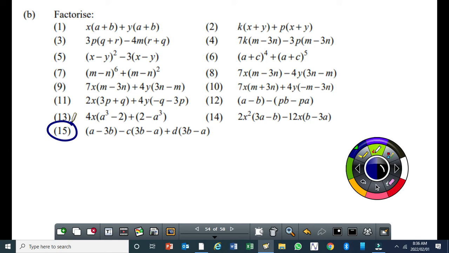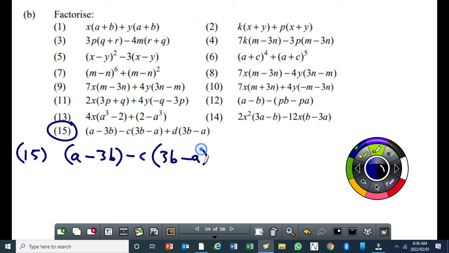So we have 3 terms. Now it looks scary, but this is not as challenging as you might think it is. So we have a (minus 3b minus c) times (3b minus a) plus d times (3b minus a).